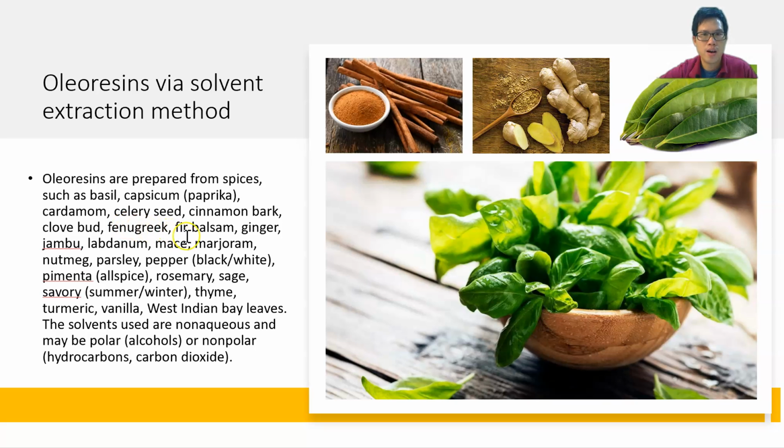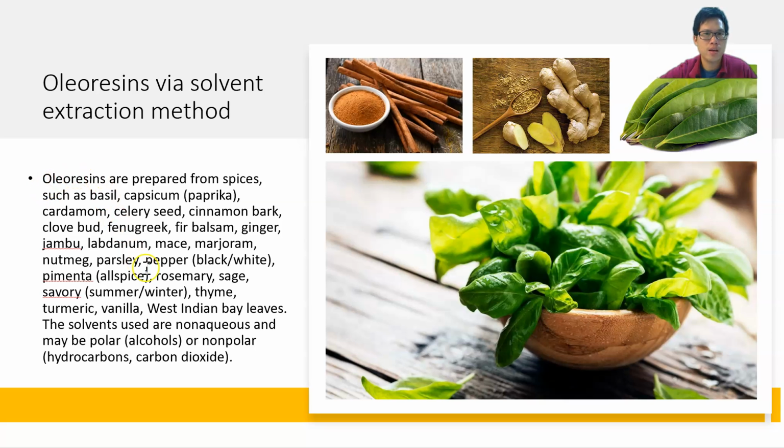You can use different types of spices with the solvent extraction methods. Once you dissolve and evaporate again, you will form an oleoresin, and the oleoresin can be used in the food.